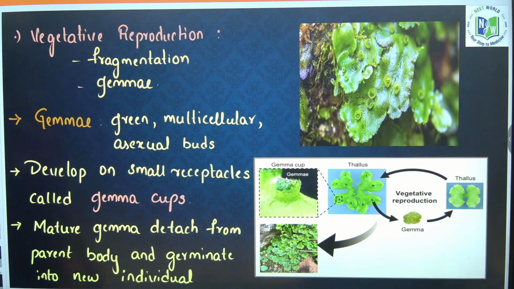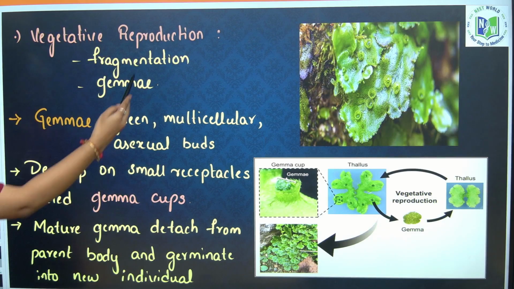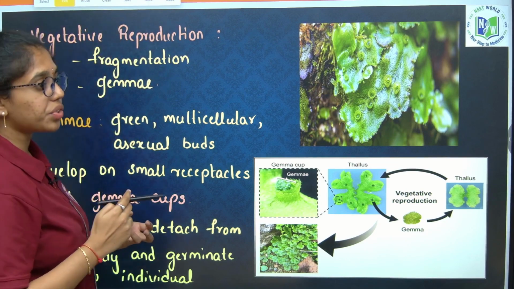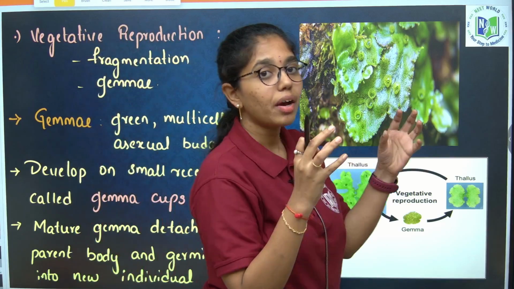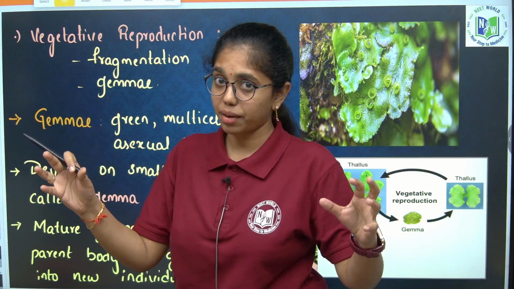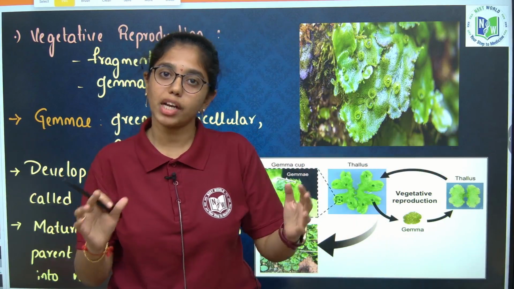Vegetative reproduction is of two types, that is fragmentation and through gemma. Fragmentation we have already seen: when the thallus is broken into different fragments, each fragment will give rise to a new thallus.